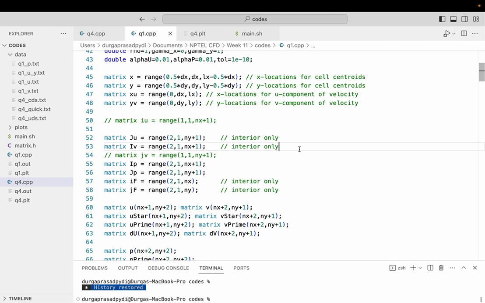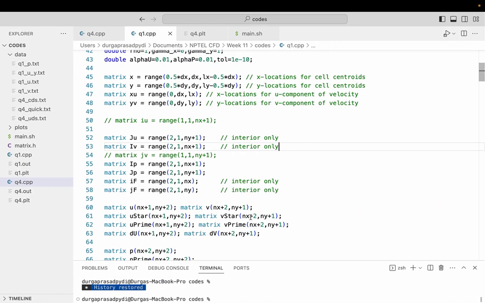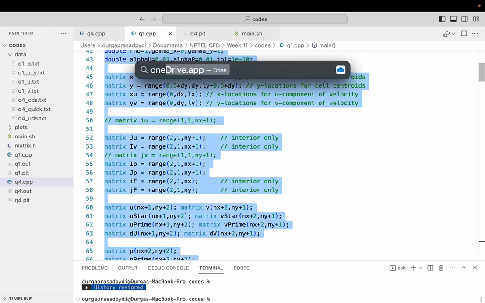So are you able to see the code now? Is it visible now? Yes, sir, it is visible.